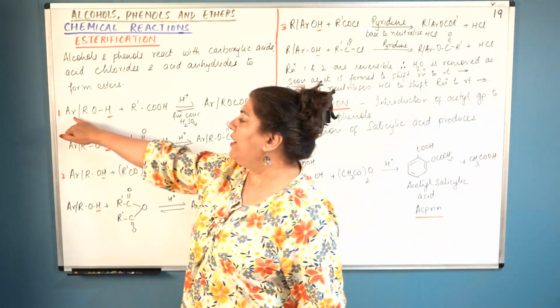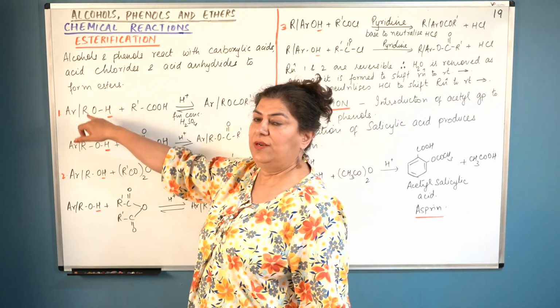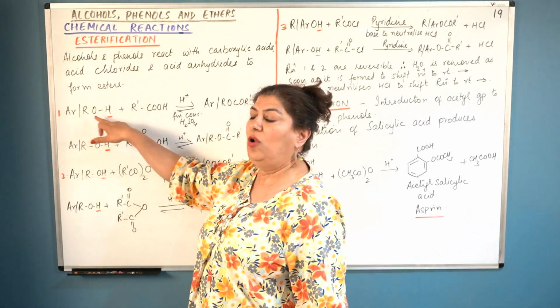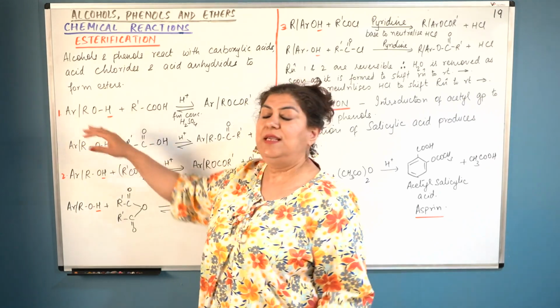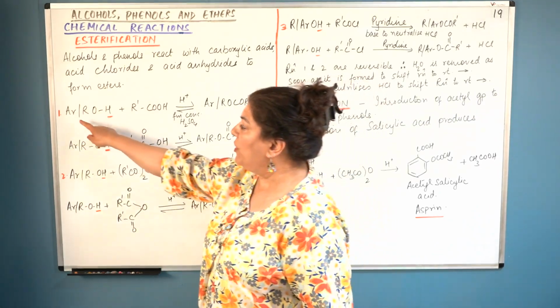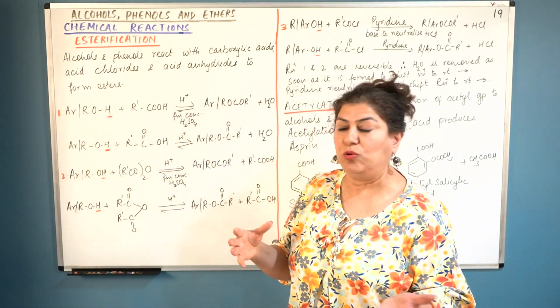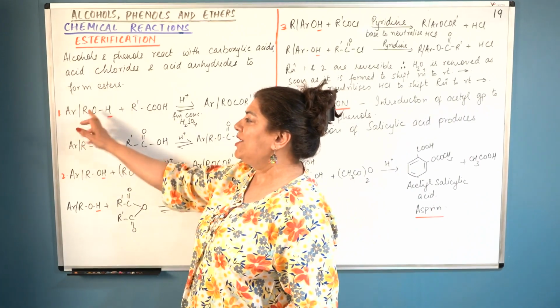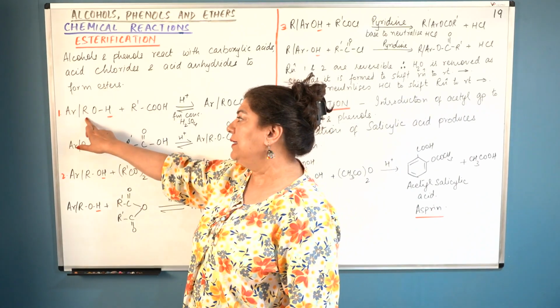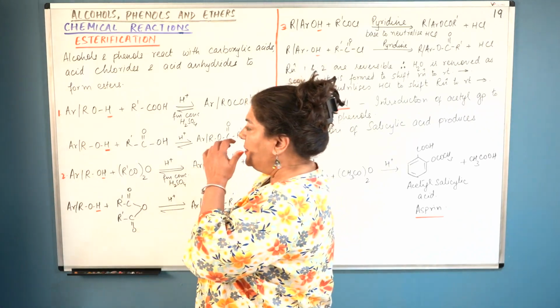If you have an aryl or an alkyl group with a hydroxyl group, it could be an alcohol or a phenol. Since these reactions are shown both by phenols and alcohols, in every reaction we have written just one reaction for both. It could be an aryl group or an alkyl group. If it is an alkyl group, it's an alcohol. If it's an aryl group, it is a phenol.